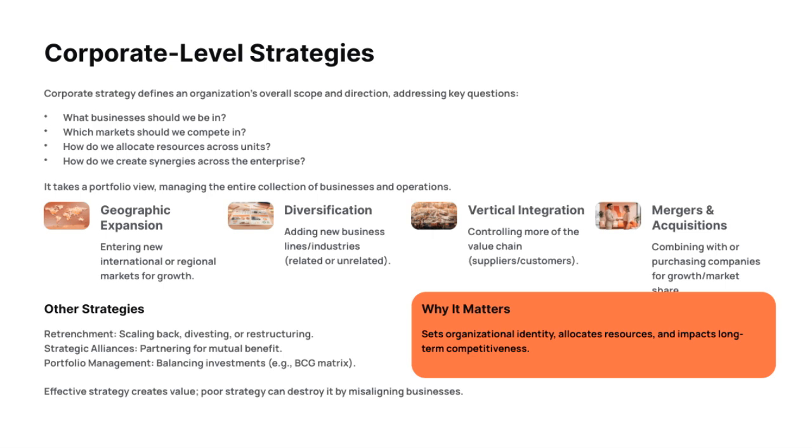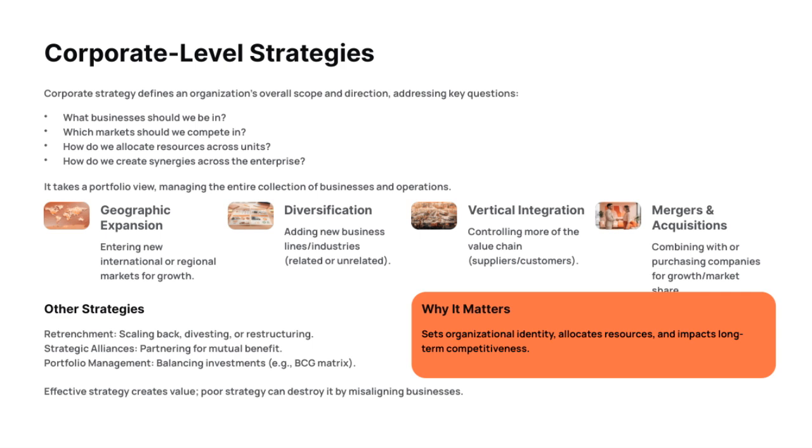Retrenchment involves scaling back operations, divesting parts of the business, or restructuring to focus on core strengths. Strategic alliances are about forming partnerships that benefit both parties, sharing resources, or entering new markets together. Portfolio management helps us balance investments across our various businesses, like using the BCG matrix to decide which units to grow, hold, or divest.